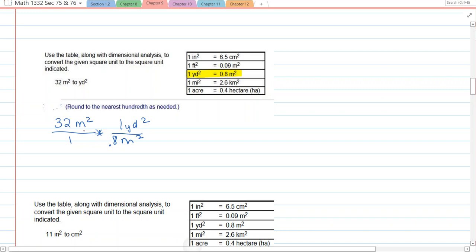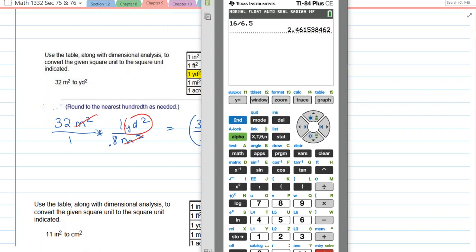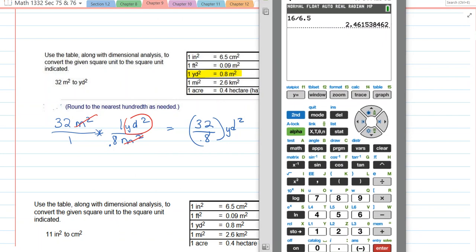When I cancel the numerator and denominator of the two fractions, I end up with a new change of value. So I'm going to end up with 32 over 8 tenths yards squared. Now I need my calculator. So I'm going to get my calculator, and I'm going to enter the 32 divided by decimal 8. And I'm going to get 40.